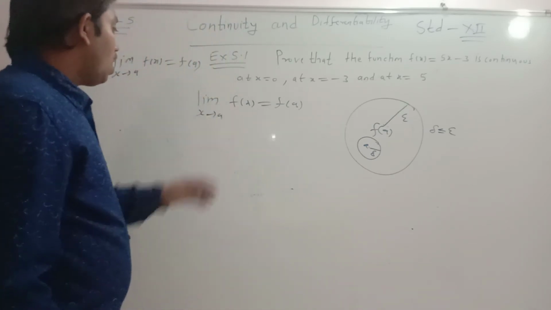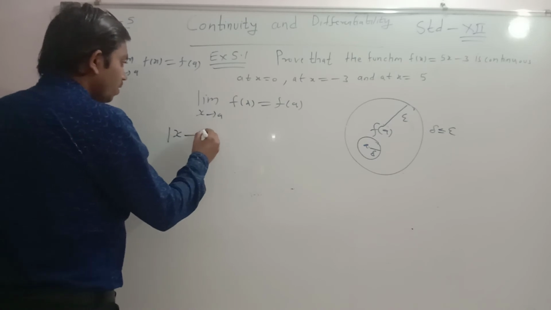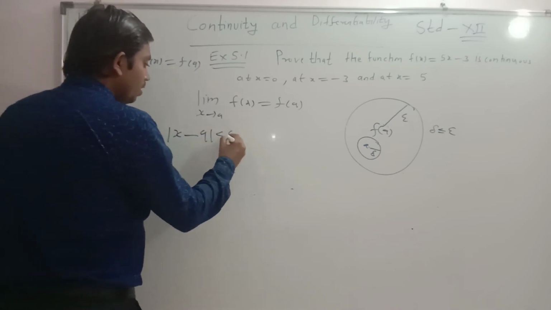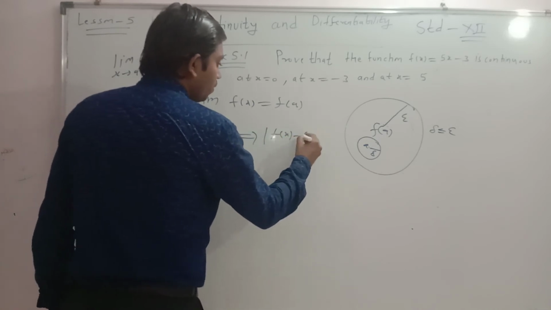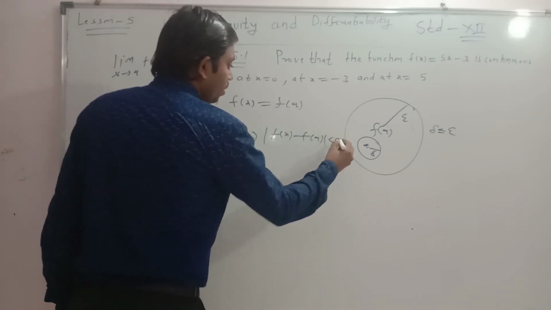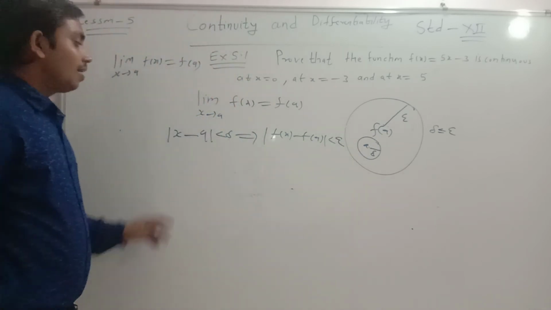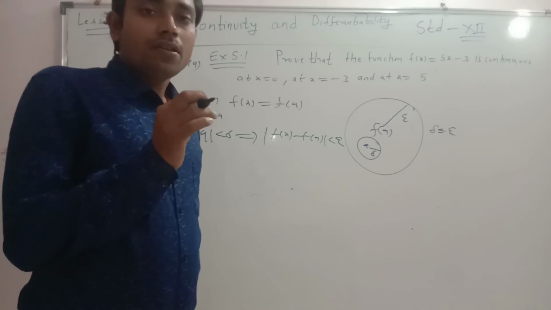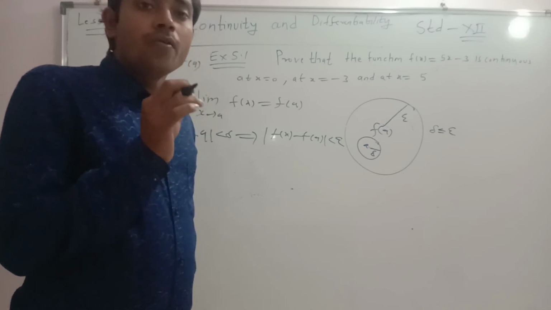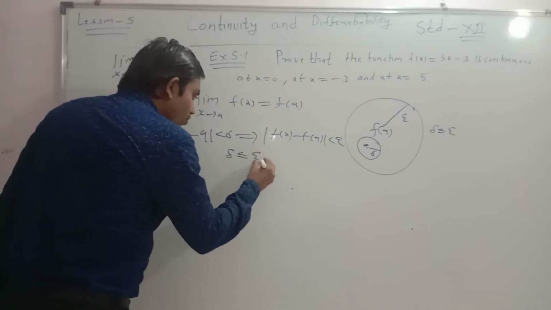Okay, so now how can we write the definition in another way? If mod of x minus a is less than del, it implies mod of f of x minus f of a is less than epsilon, where del and epsilon are arbitrary infinitely small values very close to 0, and del is less than or equal to epsilon.